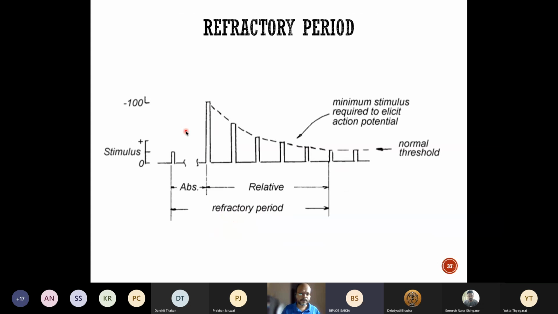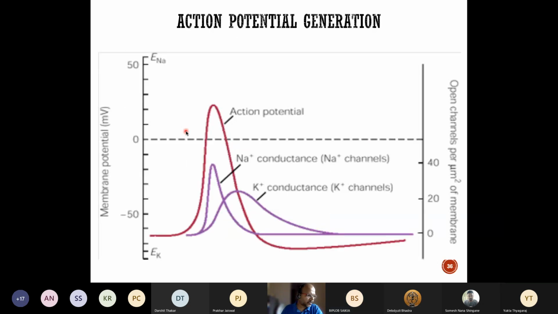Okay. So just one more thing before we wrap up for the day. So I've generated an action potential. You might wonder what happens after this, after it comes back to 0.